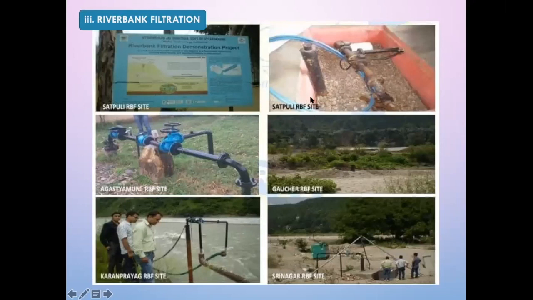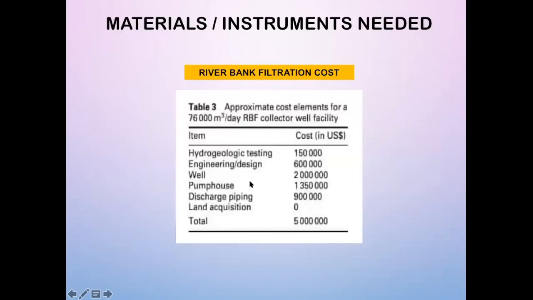These are the instruments involved at the Yamuna River RBF site, Gocha RBF site, Karan Prayag River site, and Srinagar RBF site. Okay, so these are the materials and instruments needed for riverbank filtration, and the cost will be explained by Aiza.